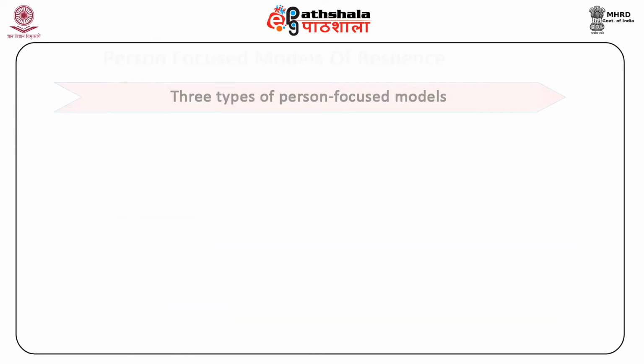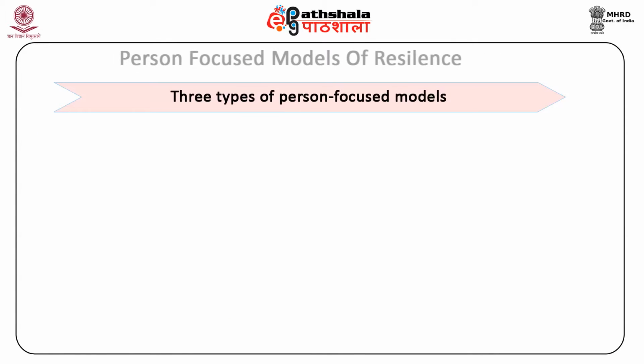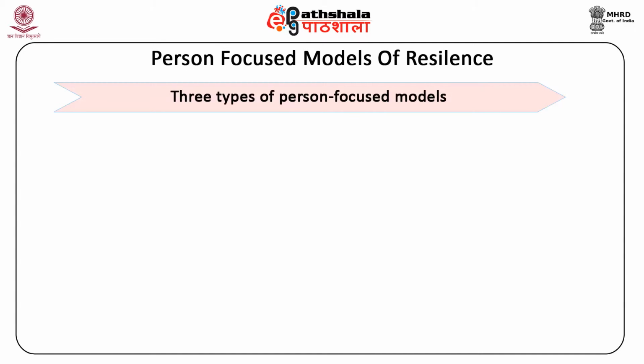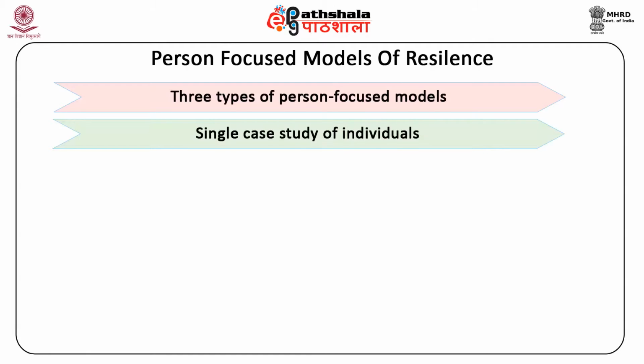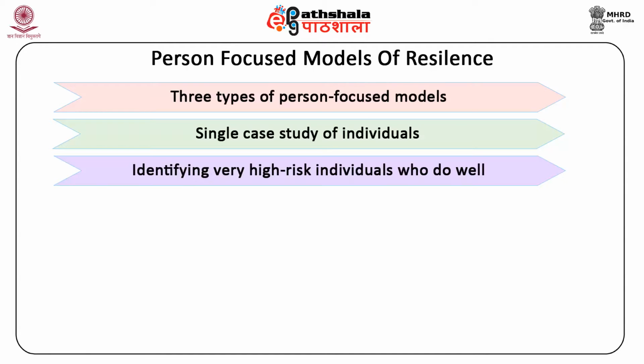Three types of person focused models are very important in resilience research. One model derives from the single case study of individuals. The second model is based on identifying very high risk individuals who do well.